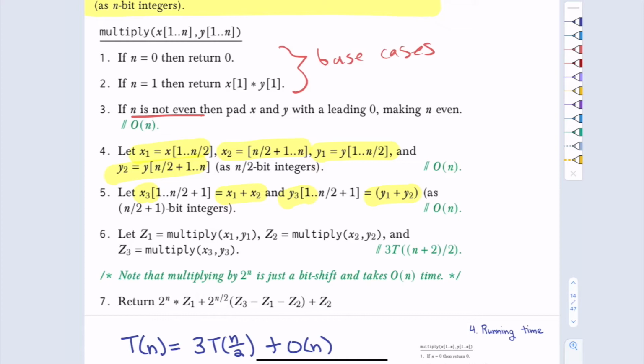And then here are my 3 recursive calls. I multiply the leading bits, I multiply the least significant bits, and then I do that funny multiply where I'm multiplying the sum. And then, you bit shift. And then here's that subtraction from that identity.